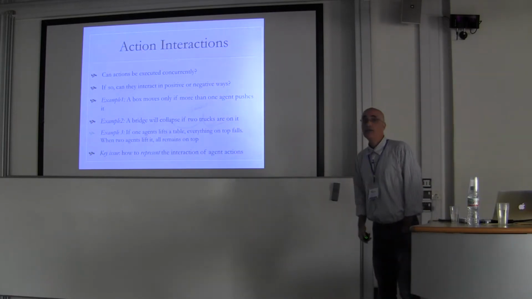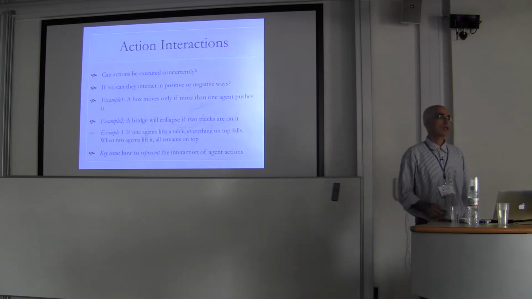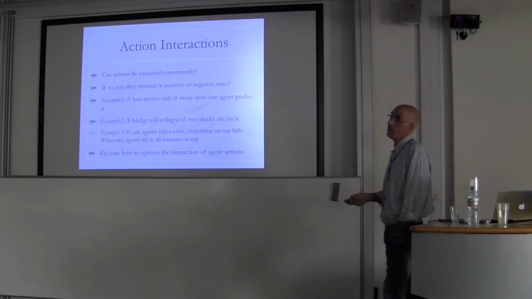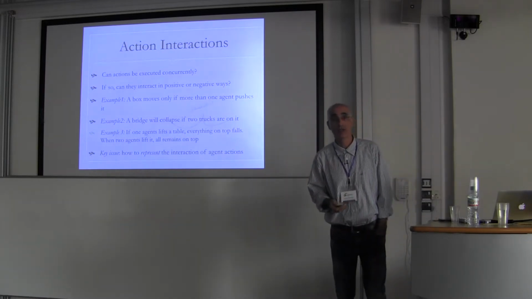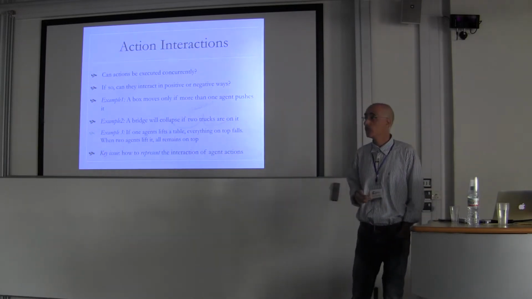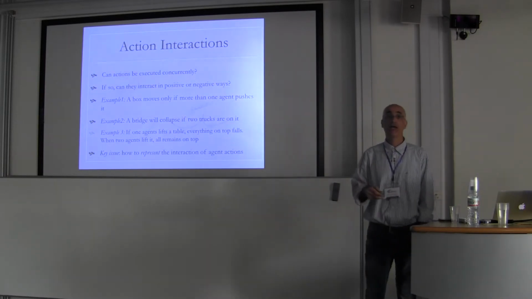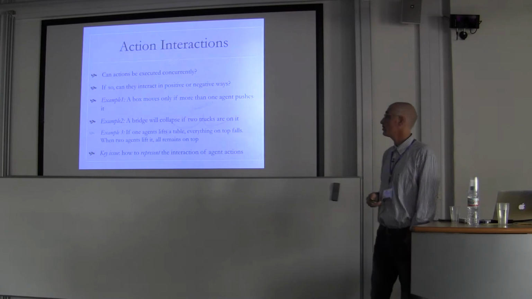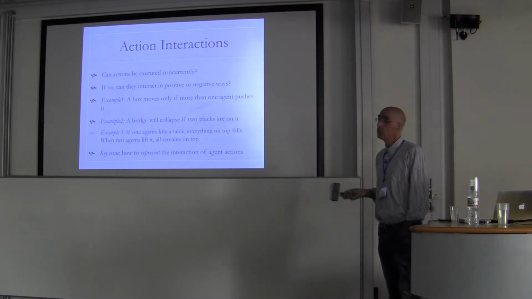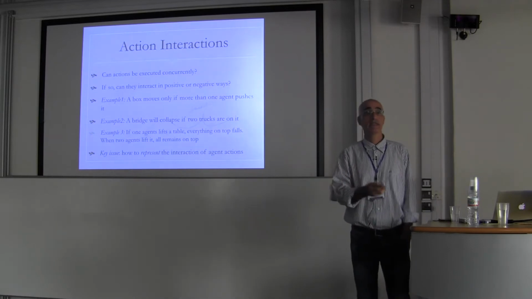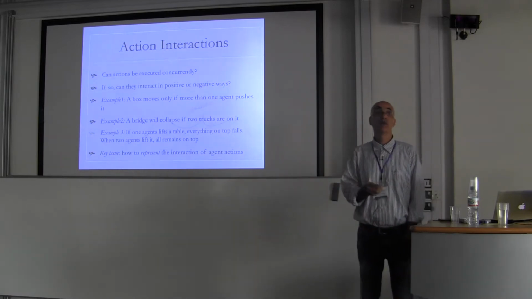Okay, another interesting issue is, can actions interact? So first of all, for actions to interact, they have to occur simultaneously. So if we allow simultaneous actions, then we have to ask ourselves, can the actions interact in negative or positive ways? So a simple example, a box may be too heavy to be pushed by a single agent, and only if two agents push the box, it will move.